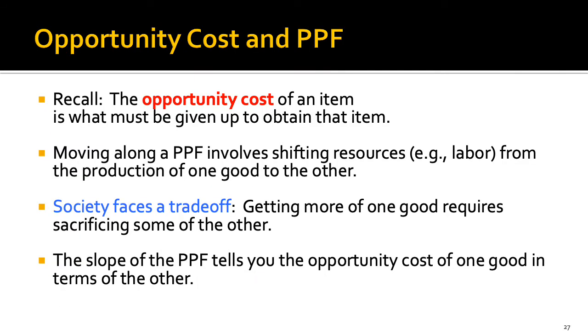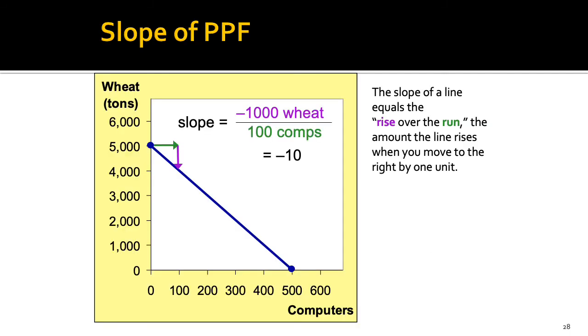So, opportunity cost in the PPF. The opportunity cost of an item is what you give up to obtain it, as we've already discussed. We're just going to apply it to the PPF in this case. As discussed earlier, the slope of the PPF gives us the opportunity cost of the good on the x-axis, in this case computers.